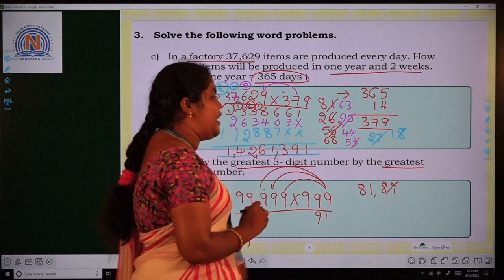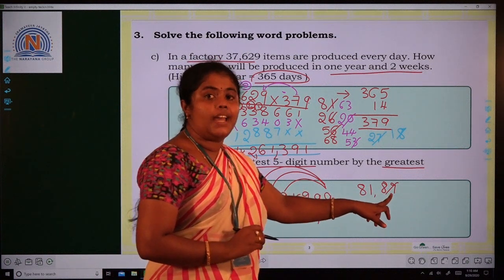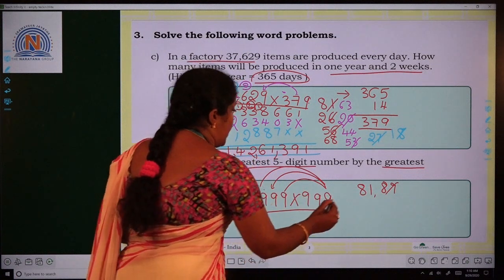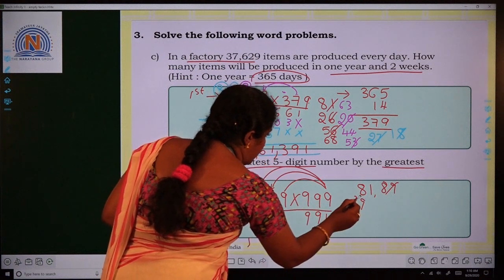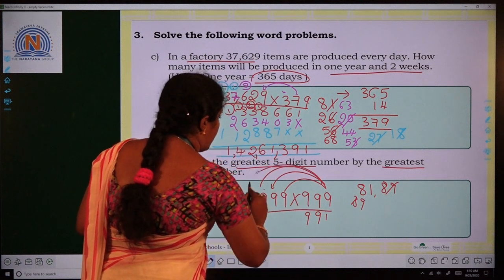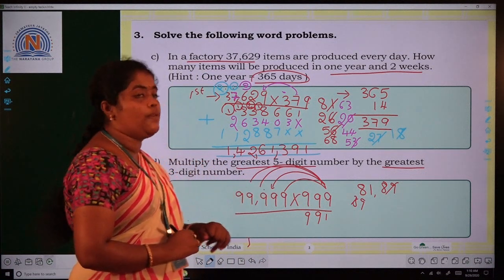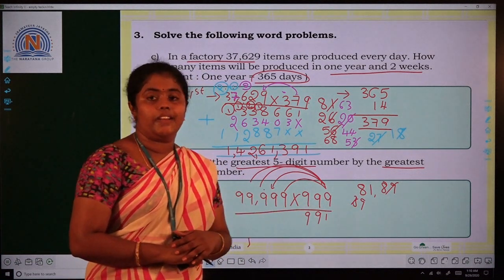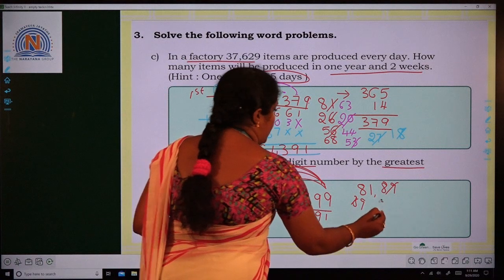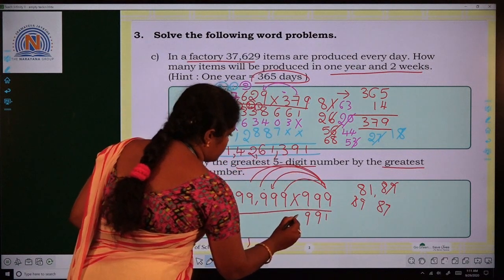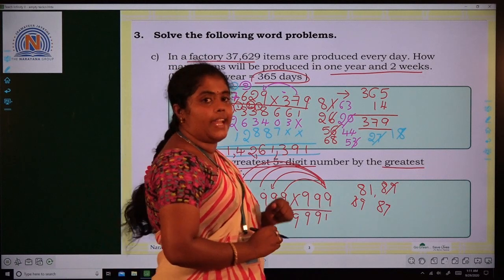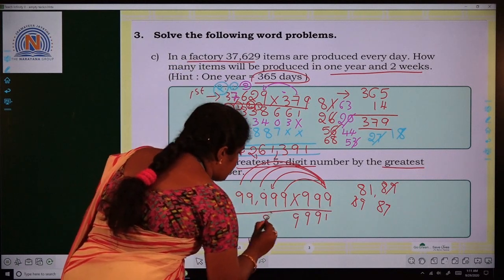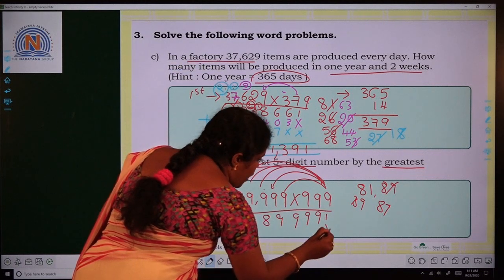Again 9 nines 81, 81 plus 8, 89. Again 9 nines 81, 81 plus 8, 89. One more, 8 is carried to the next place. 9 nines 81, 81 plus 8, 89. Here ones place is complete, so you have to mention 0.